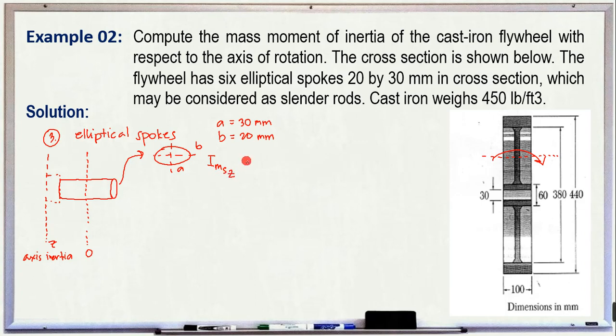We use the parallel axis theorem, because we have a different axis rather than the centroidal axis of the spoke. So we have the moment of inertia of the spoke along its centroidal axis plus the mass of the spoke times the distance squared. Where is this distance? It is this one, d. We will solve that next.